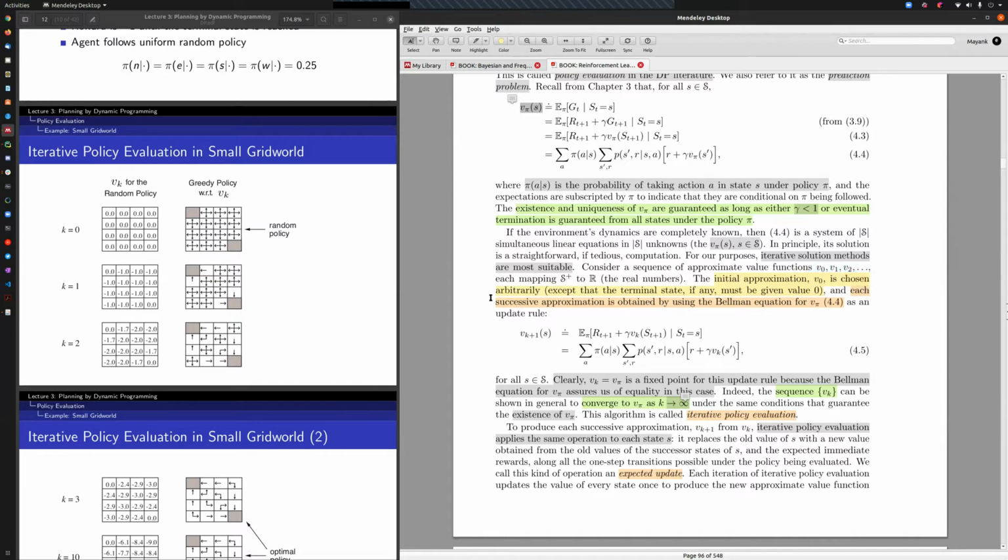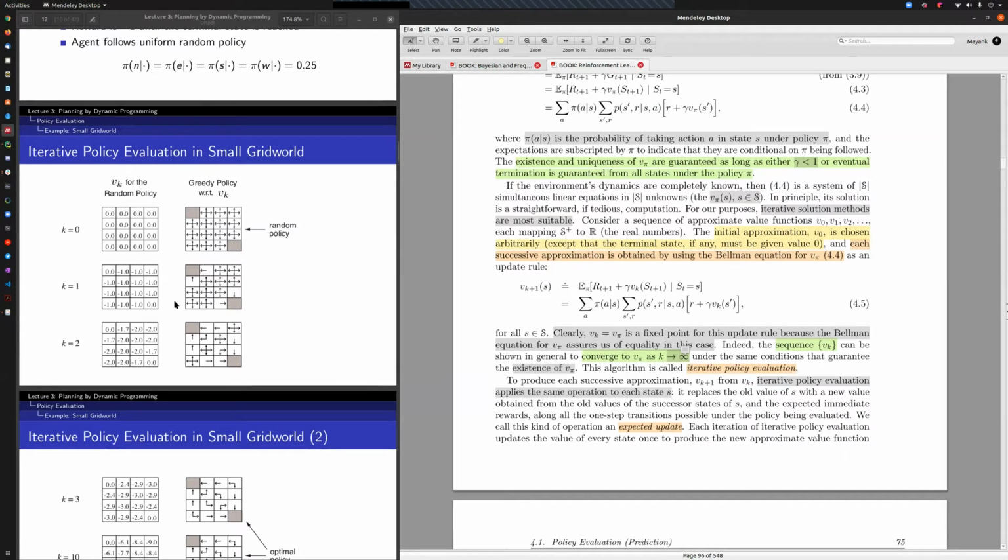Then each successive approximation is obtained via the Bellman equation that we have just given for v pi. This is how it's defined, and this is the update rule that we get here, because of the equalities in this case.